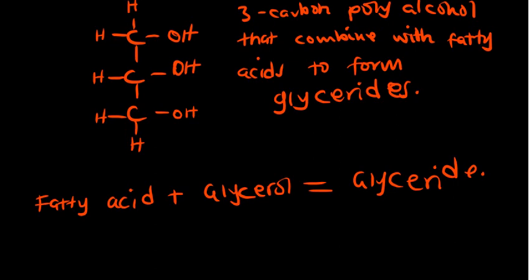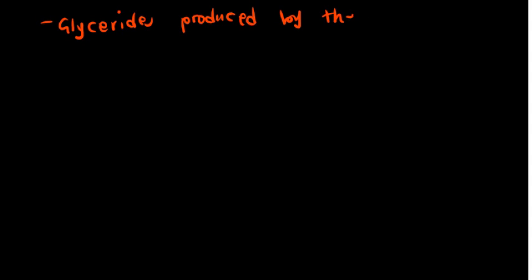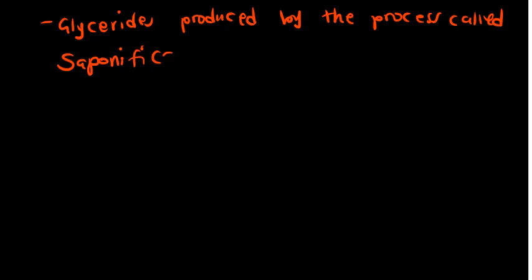So this one is just produced from lipids. So glyceride is produced by the process that we call saponification. Let's even underline it. Saponification.